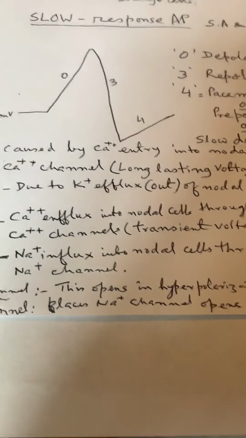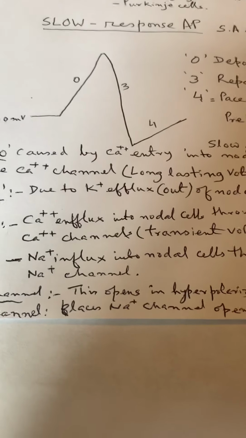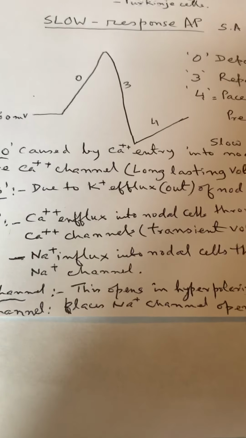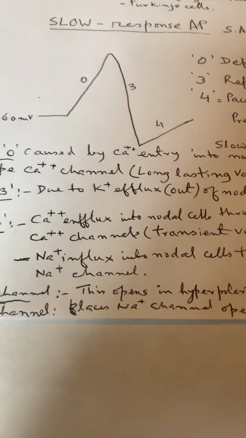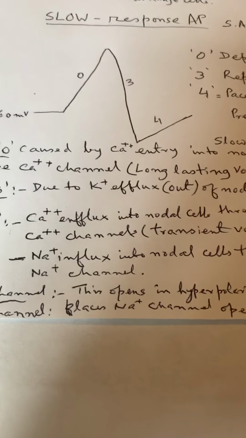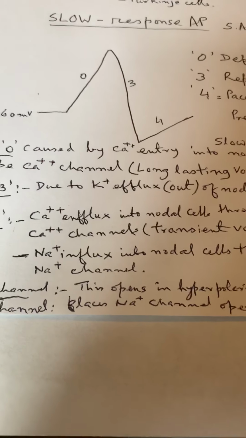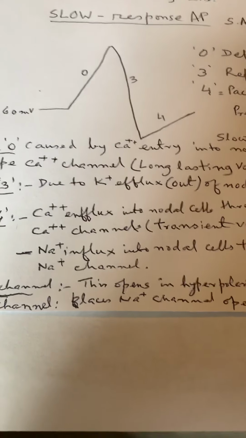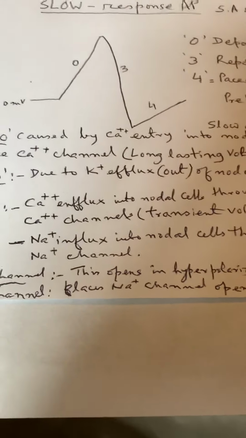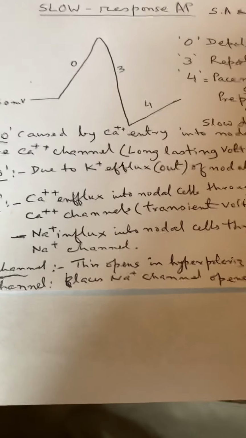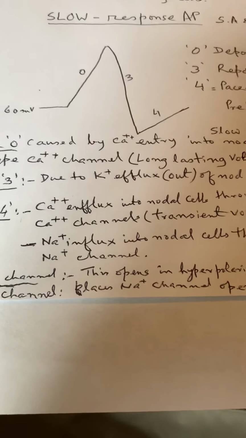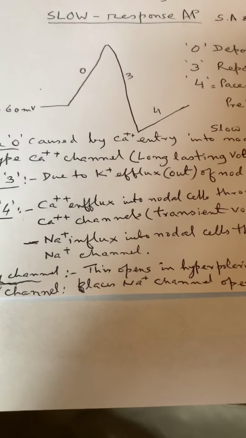Now let us analyze further. Two positive ions are going into the cell in phase 4, that is calcium and sodium. They slowly enter the node, so there is positivity inside, that is depolarization. When the inside becomes positive, it becomes depolarized.